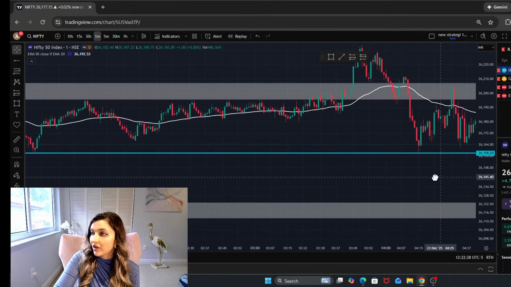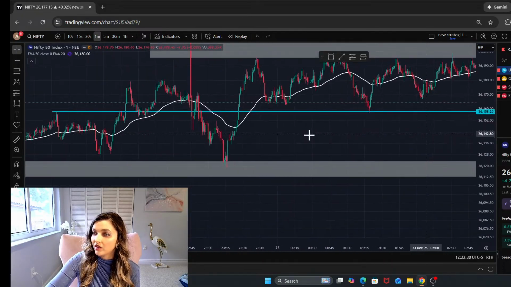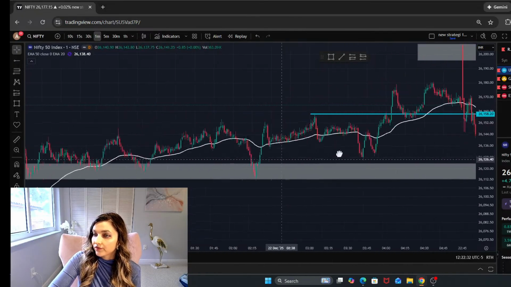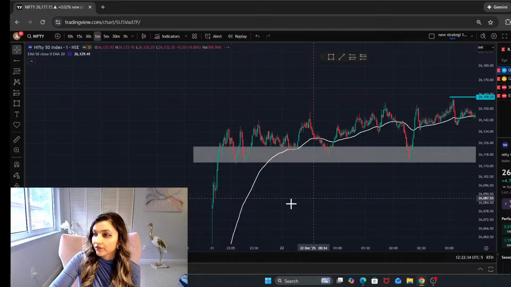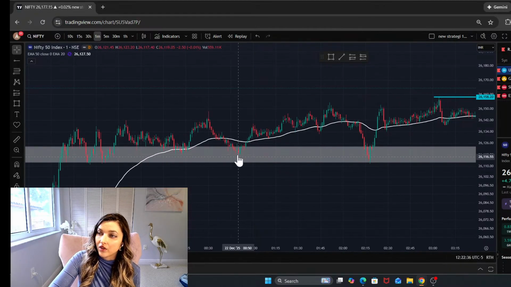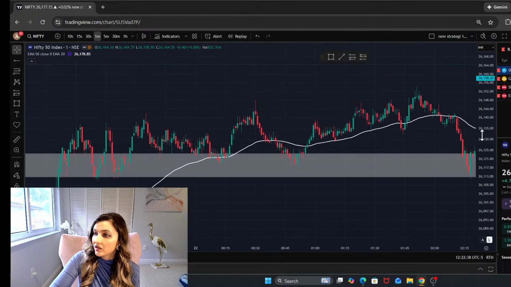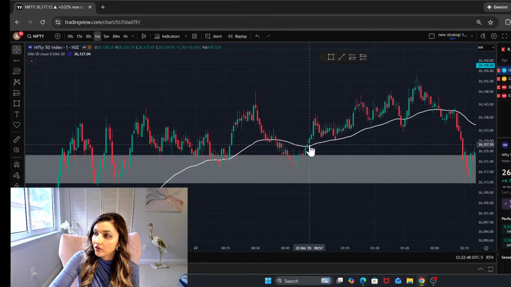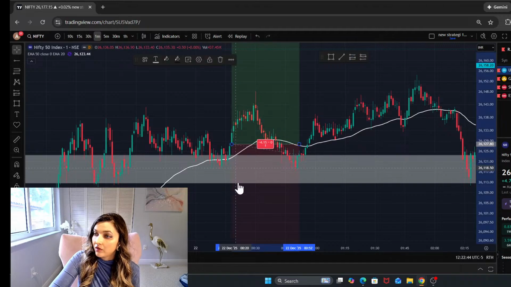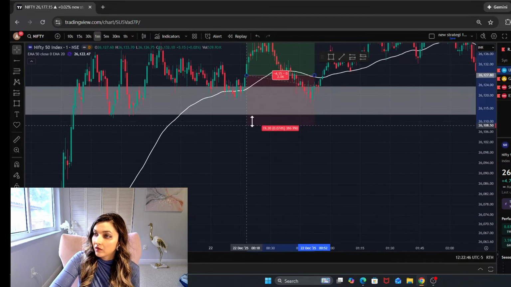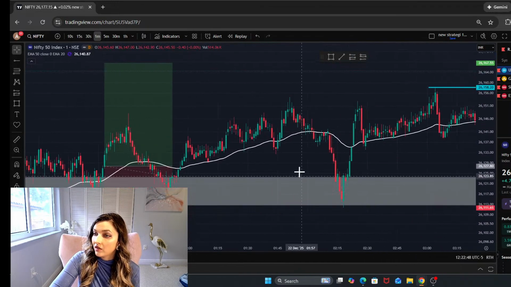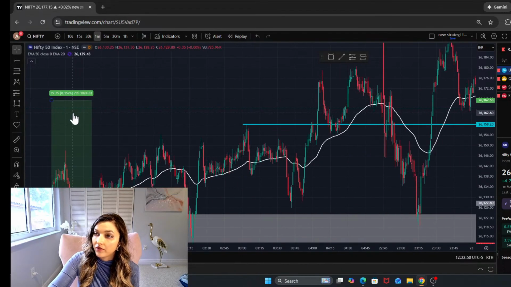I'm trying to see if my strategy will work on this Nifty. Yeah, you can see this area, right? So when the price retests this area, above the EMA, one candle, here we go, stop below the area, take profit.